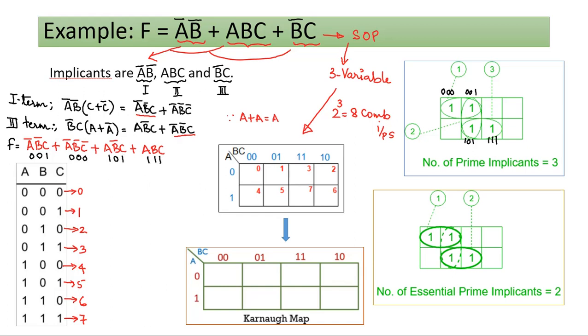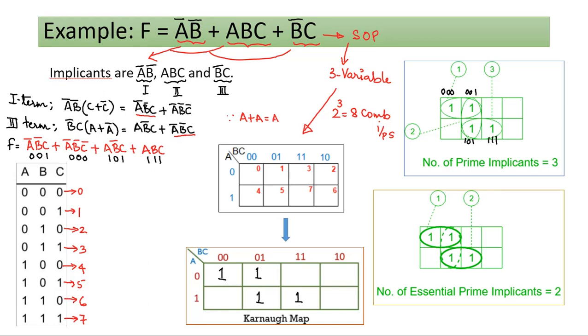So let me map this particular canonical SOP onto the three variable Karnaugh map. 0 0 0, min term 1 here, 0 0 1 min term 1 here, 1 0 1 min term 1 here, 1 1 1 min term 1 here.